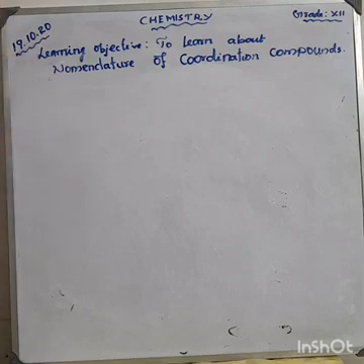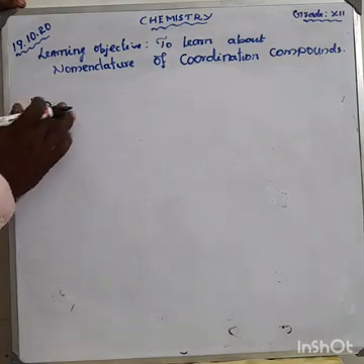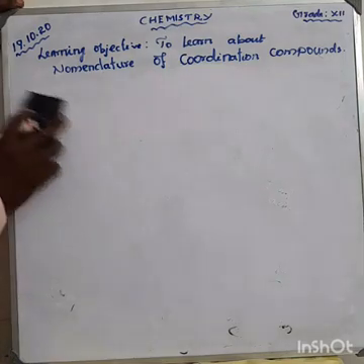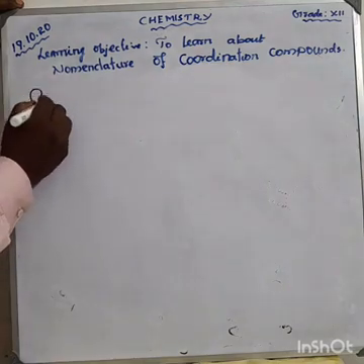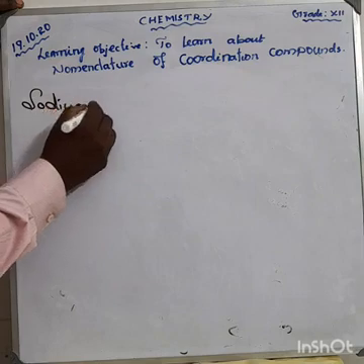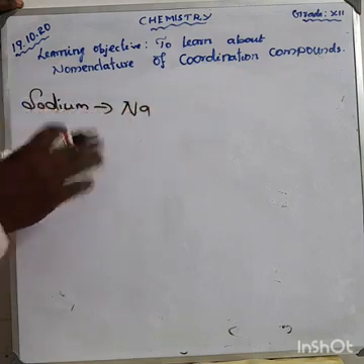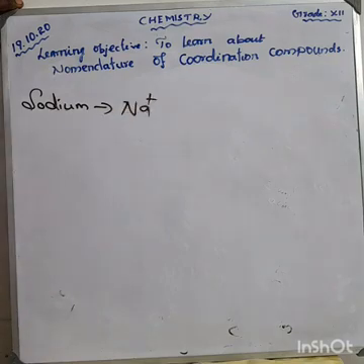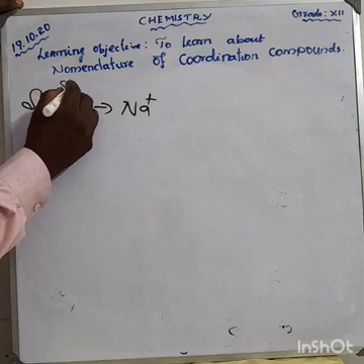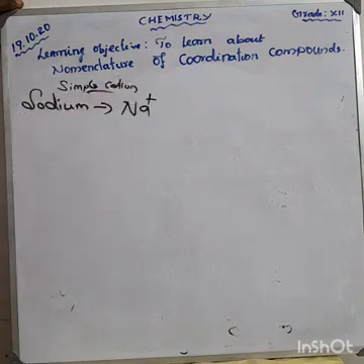How can you name the simple ions? Take sodium. What is the symbol of sodium? Sodium symbol Na. Sodium ion means symbol Na+. These are what? Simple cations.